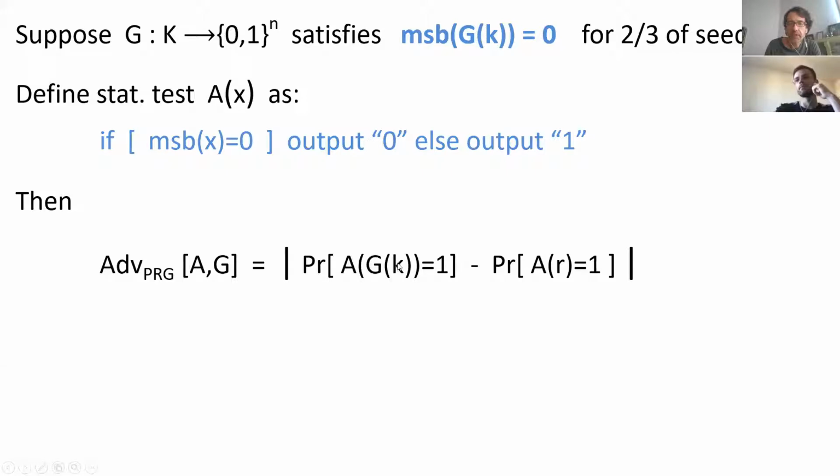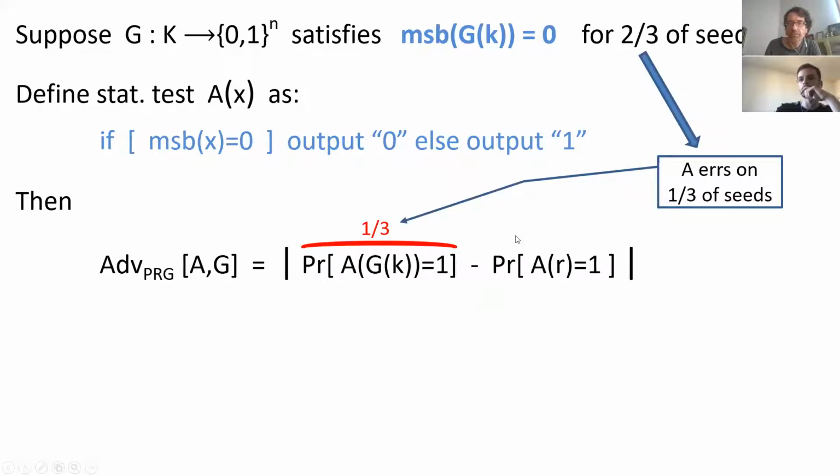Let's look at what the advantage of this statistical test is. Let's compare the probability with which this test outputs 1 when it gets outputs of G to the probability that this test outputs 1 when it gets a fully random number. When does A output 1? It outputs 1 if the MSB of the input is not 0.